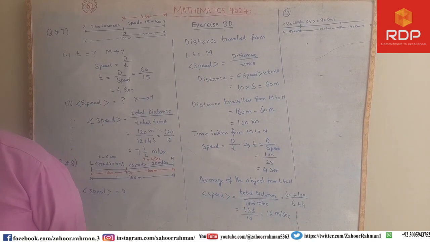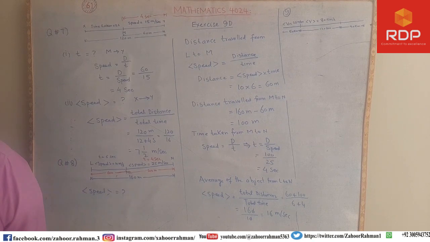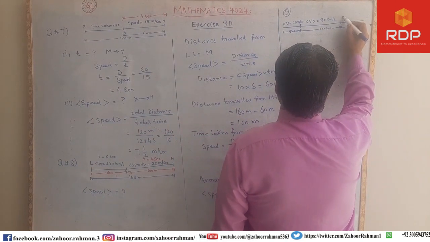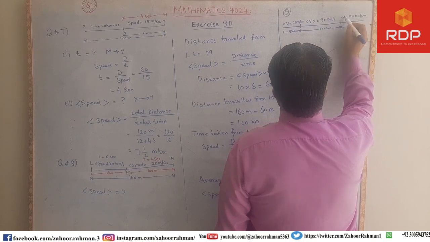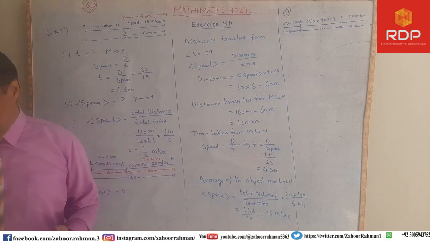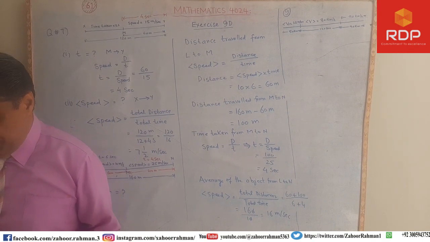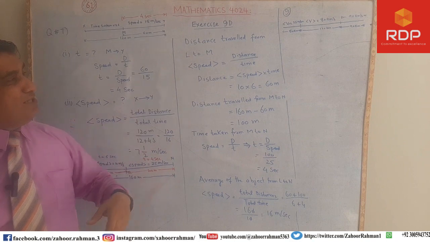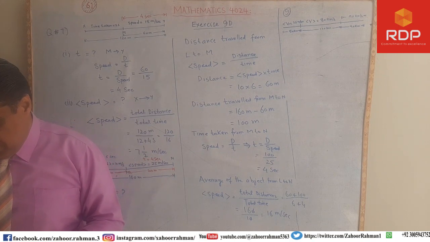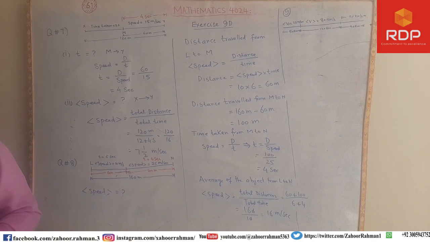The car completes the last part of its journey at an average speed of 90 kilometer per hour, in 35 minutes. So the first part is 50 kilometer at 25 meter per second, the next 120 kilometer at 80 kilometer per hour, and the third at 90 kilometer per hour in 35 minutes.